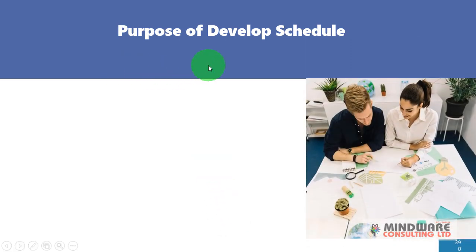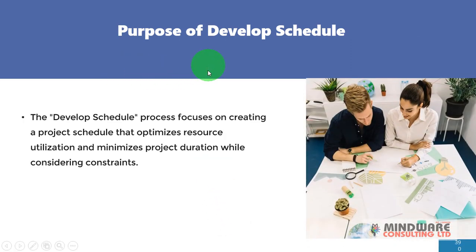Now, what is the purpose of the develop schedule process? The purpose of this process is to help us focus on creating a project schedule that optimizes resource utilization and minimizes project duration while considering constraints.